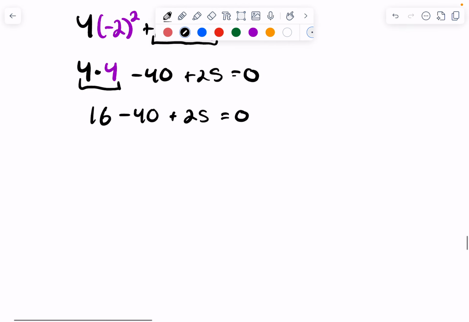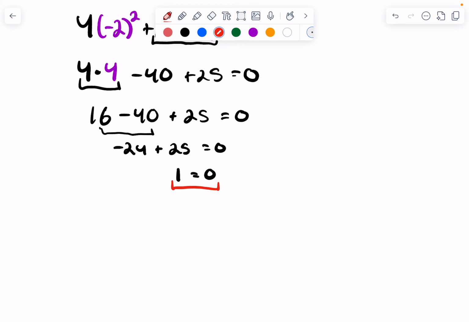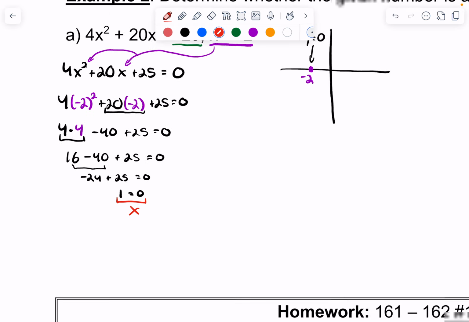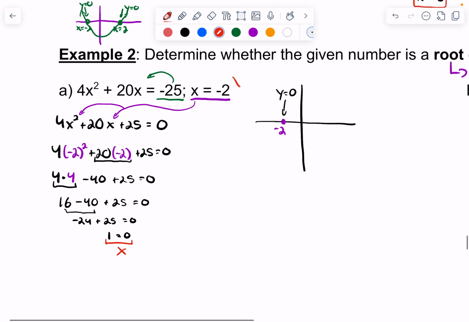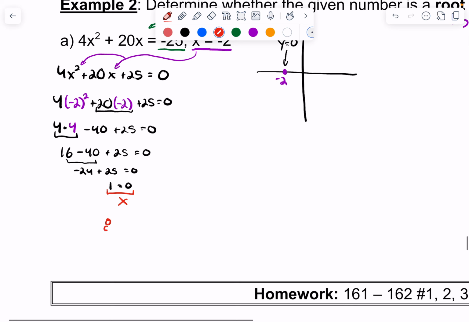All right, well, 16 minus 40 is -24, minus 24 plus 25. So then this is 1 equals 0. Well, clearly 1 does not equal 0. It can't happen. So no. Therefore, x equals -2 is not a root.